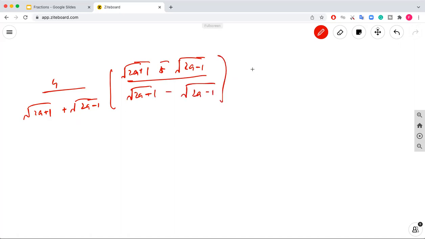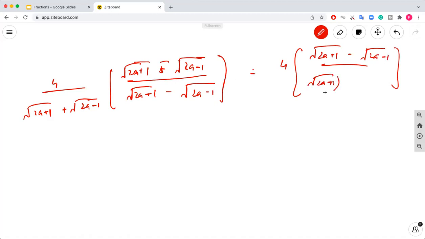So this will become 4 into, just take 4 outside, square root of 2a plus 1 minus square root of 2a minus 1 divided by 2a plus 1 whole square minus 2a minus 1 whole square. Everyone got what I did here? I just multiplied with the same thing but with a negative sign so that we have a simplified denominator.